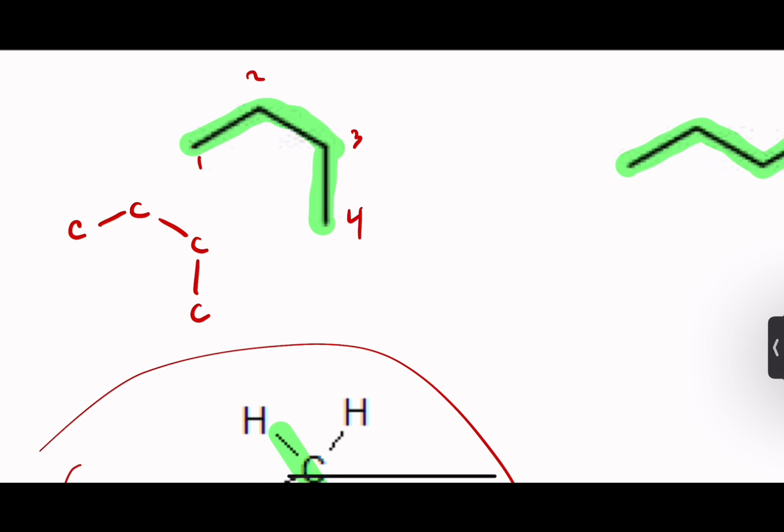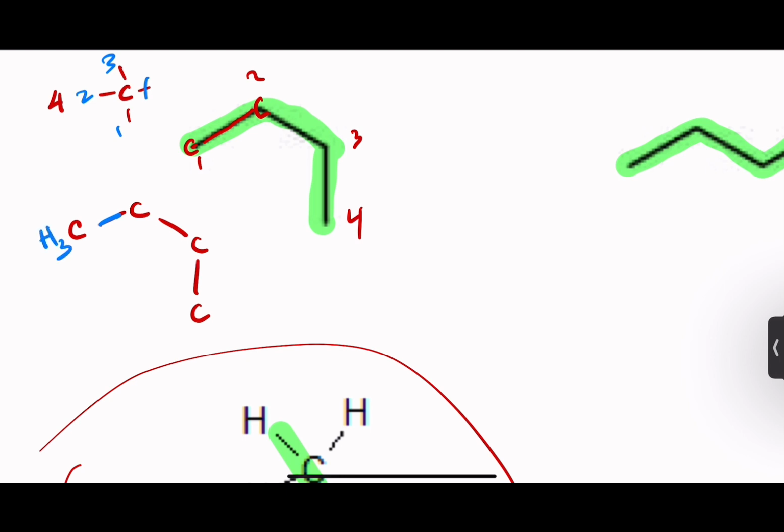Now you see this carbon has only one other bond to this carbon. Because carbon has a valency of 4, it can have only 4 bonds. So one of them is taken by this one, and I have 3 bonds left. I fill them out with hydrogens.